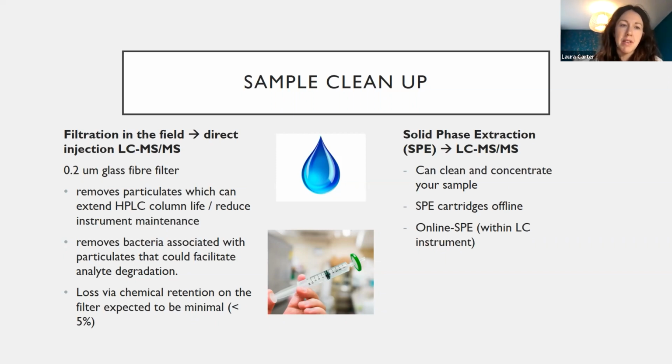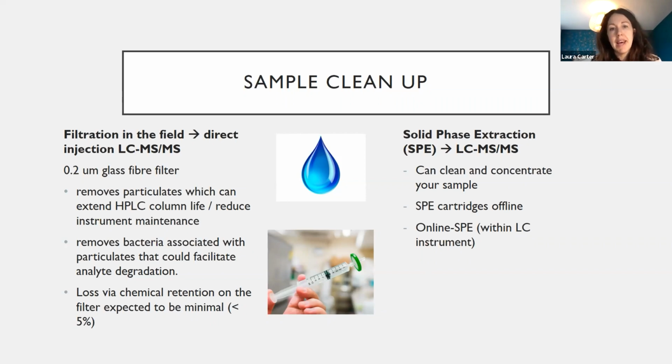I'm going to talk about the analysis step later. You typically have to inject a larger volume into your mass spec for your analysis, but effectively your sample is ready to go.